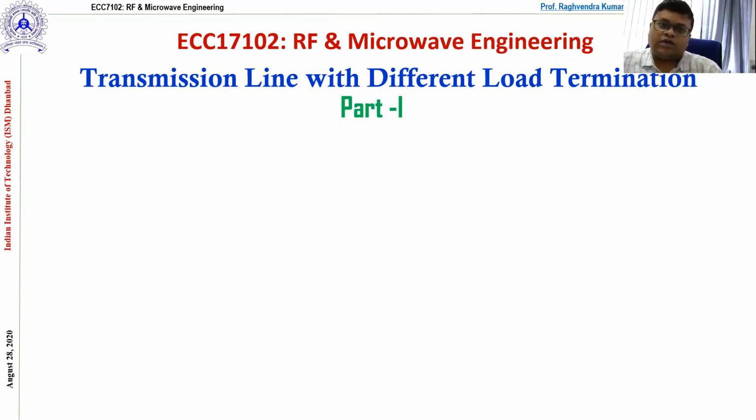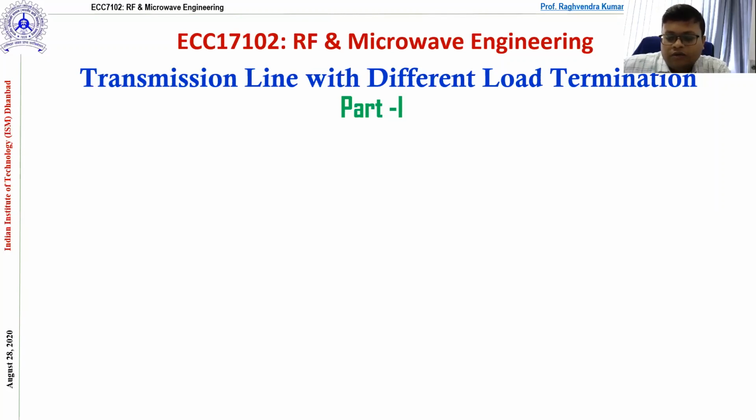So in the last class, we have seen that the transmission line, how we can utilize as a circuit element, correct? And followed by how we can develop a resonator out of the segment of the transmission line.